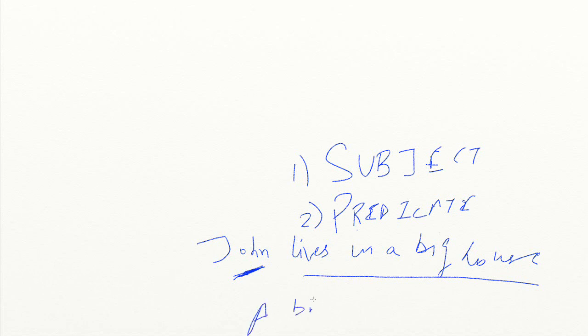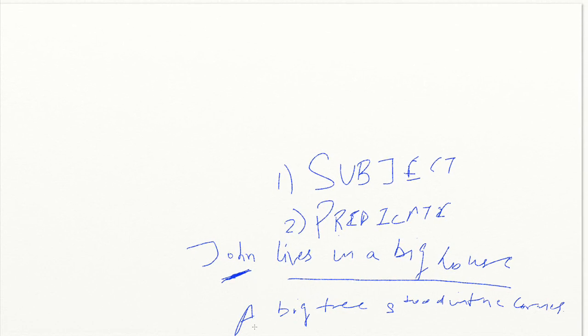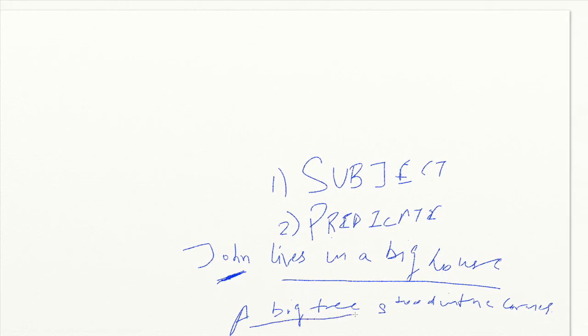A big tree stood in the corner. Now, help me identify the subject. Subject is that part of the sentence which names what the sentence is about. So this sentence is about a big tree.